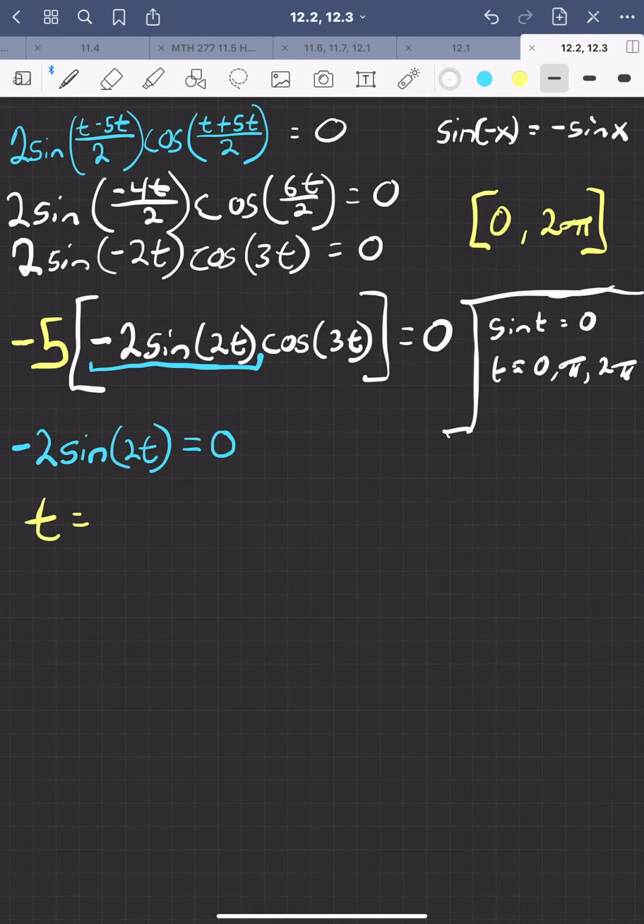So I need to couple this with the fact that the period of the sine curve is 2 pi. That means every 2 pi it's going to repeat itself.